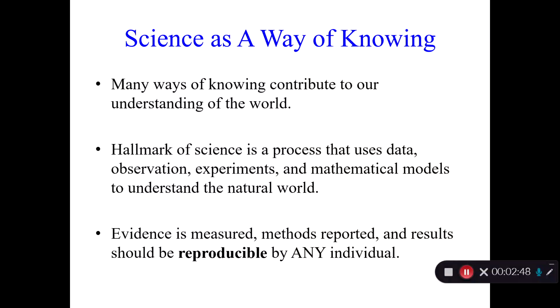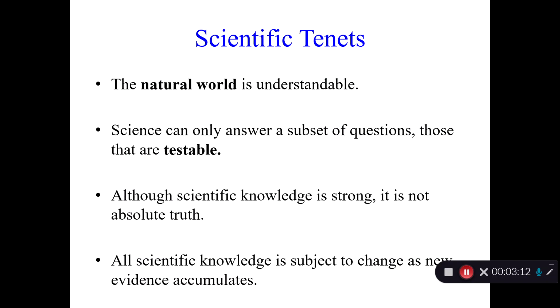So this is very important. And if you've ever read a scientific paper, why the methods are so long and convoluted is because it should be reproducible, right? It should not be dependent on who is doing the measuring, or who is doing the reporting. The idea is that we're figuring out things about the natural world, and if anyone did the exact same thing, they should get similar results.